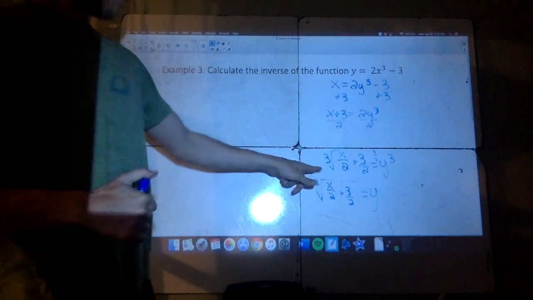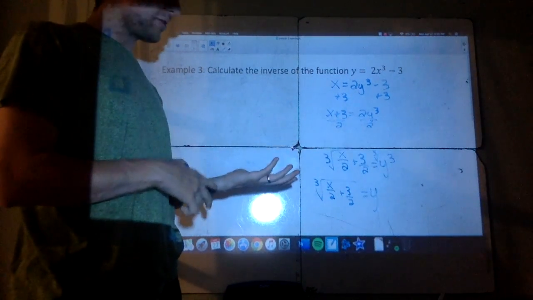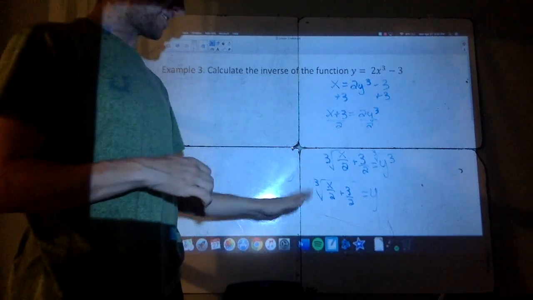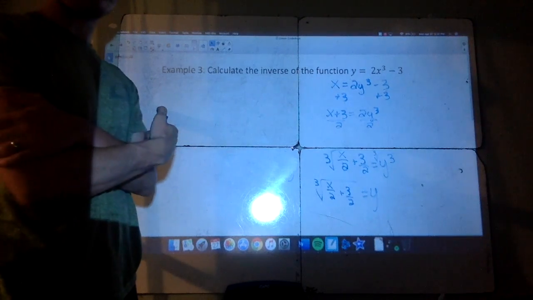So here's what we have. Just remembering once you get to this spot, the opposite of the third power is the cube root. And so we just leave it like it is. You don't need to do anything with all the insides there. You just leave it like it is.